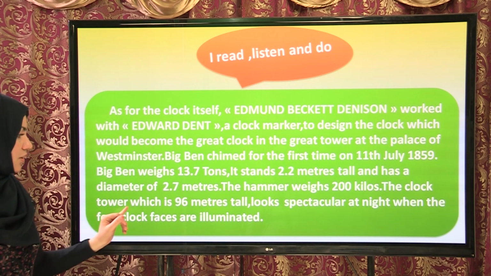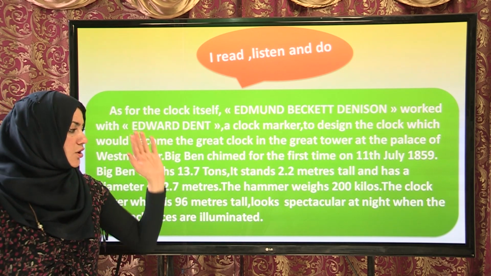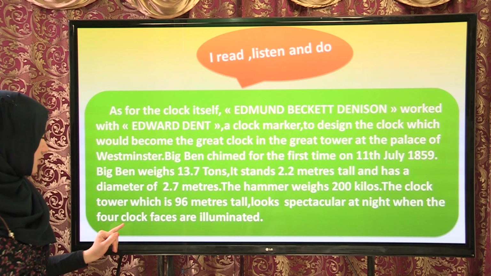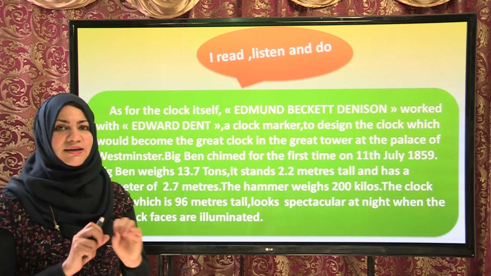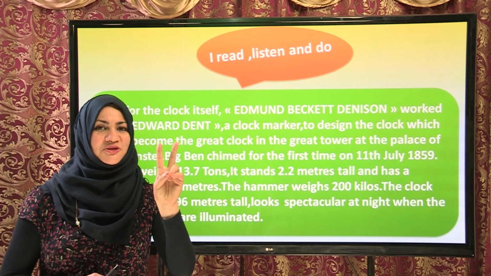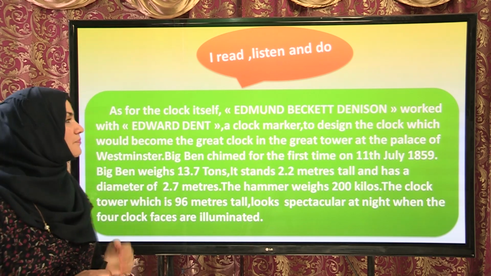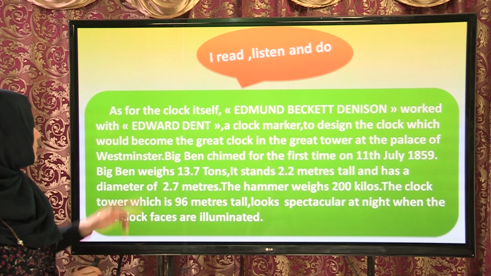The clock tower, which is 96 meters tall, looks spectacular at night when the 4 clock faces are illuminated. My students, that was the second time. So let's quickly read the text a third time.